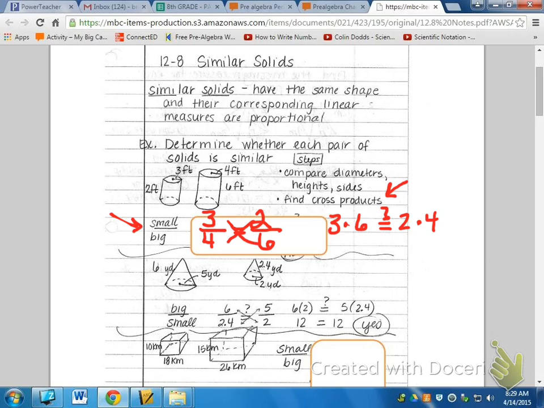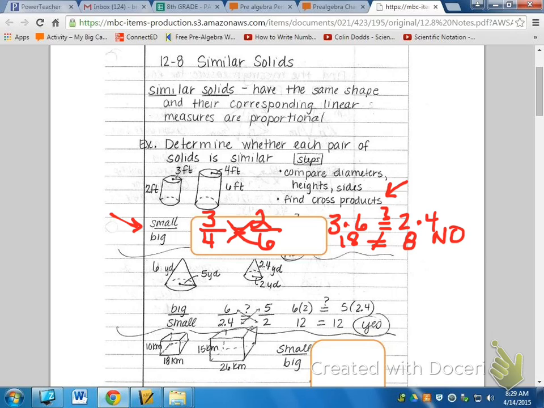Well, 3 times 6 is 18, and 2 times 4 is 8. So does 18 equal 8? It definitely does not. So the answer is no. It is not similar.